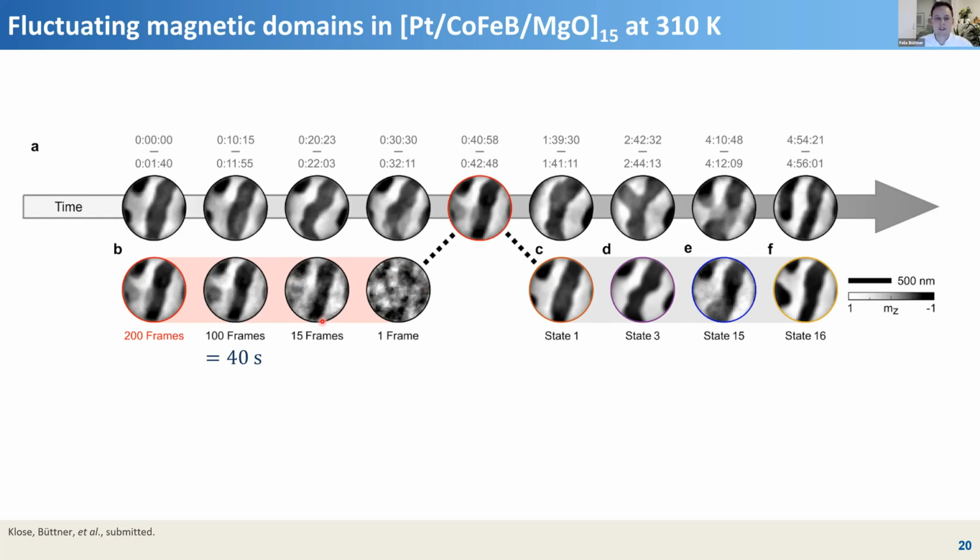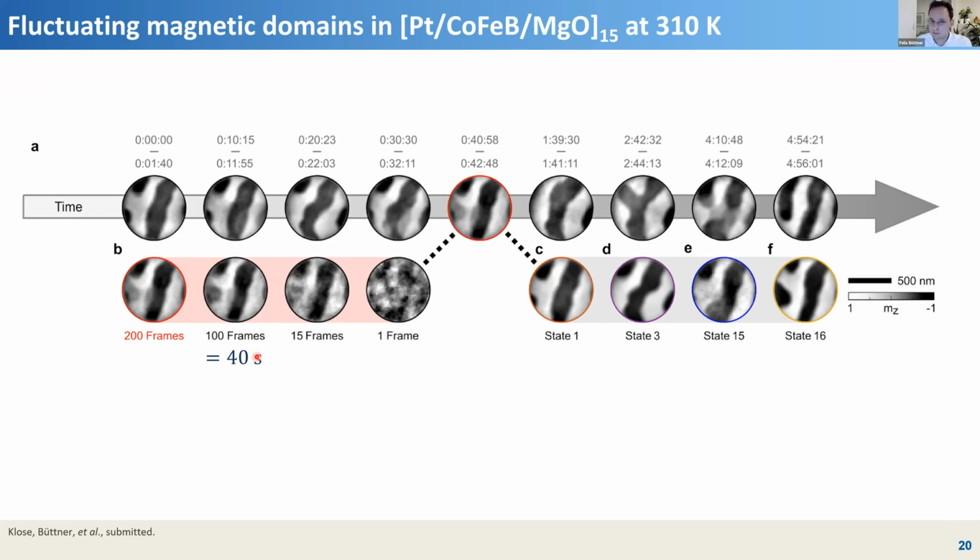And let me emphasize that this time scale of 40 seconds is actually not limited by our camera or the beamline. We actually had to attenuate the beam in order to not induce any beam-induced motion. So this is a fundamental time scale that is dictated by the physics of the sample. We cannot go higher because we cannot expose the sample to a higher heat load.